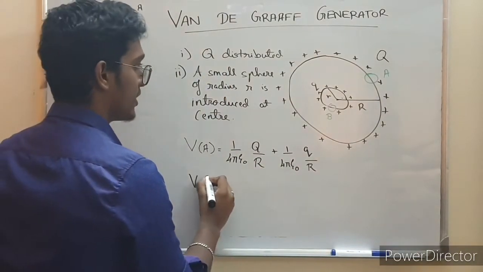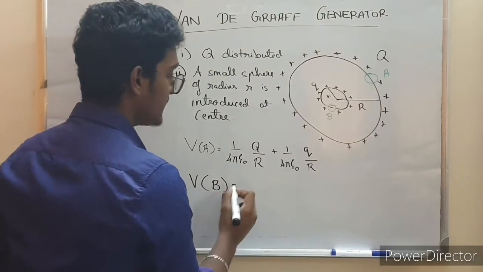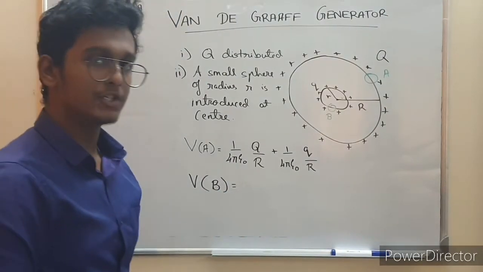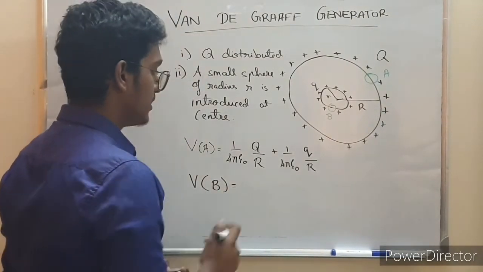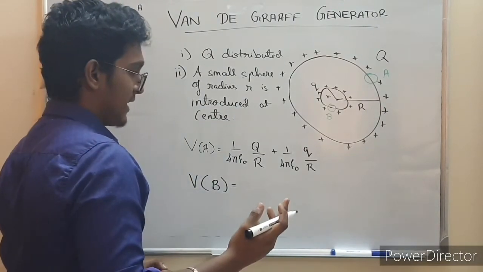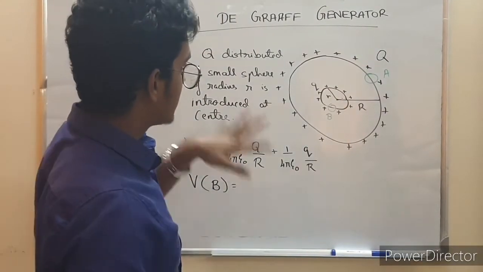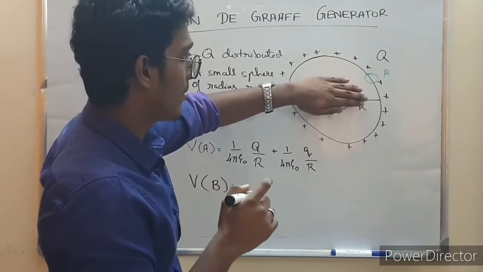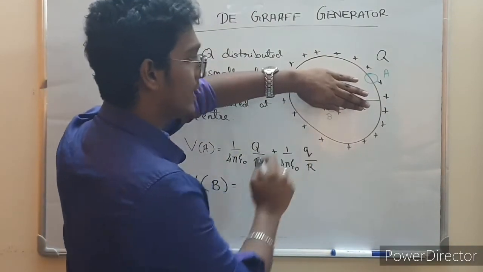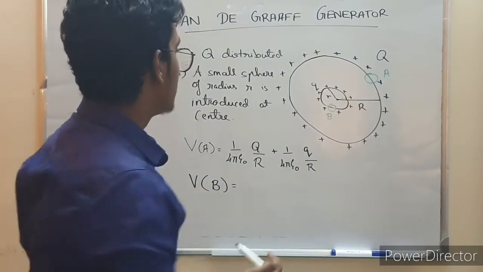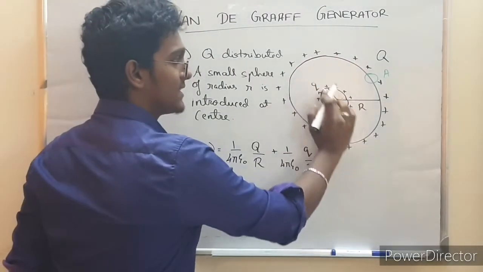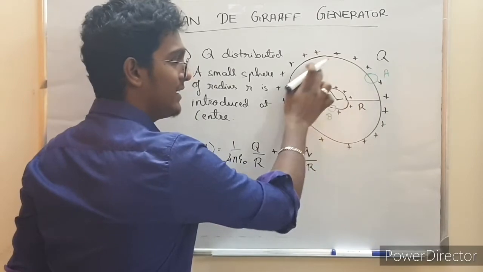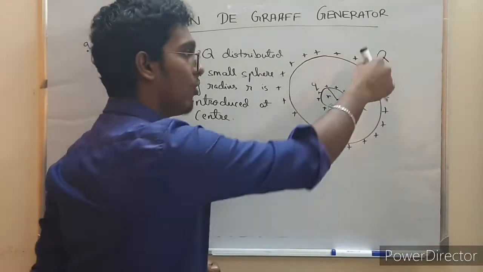Now let's calculate the potential at point B. Again, individual potentials are added up. Let's first say the inner ball was not there, but the point B is still over here. What would the potential be? Any point inside the sphere has a potential equal to that on the surface.